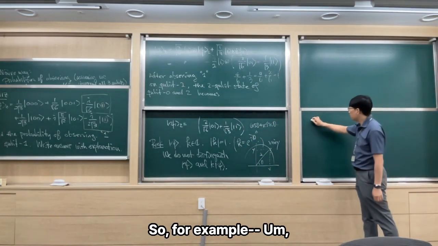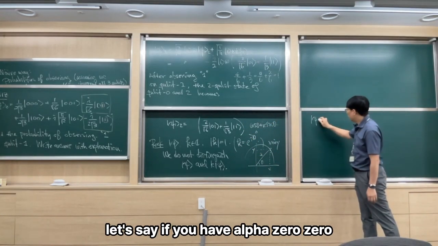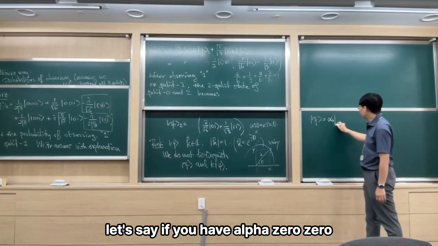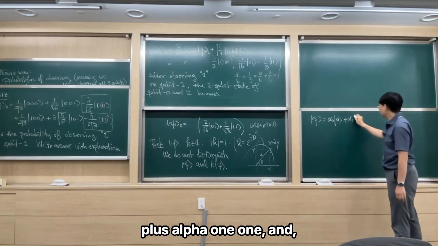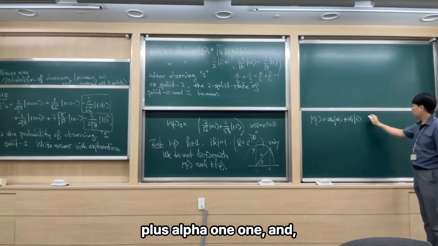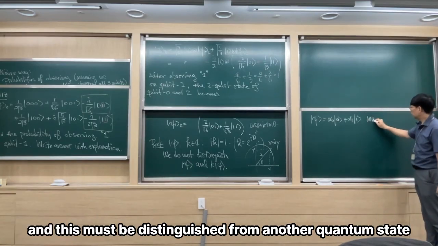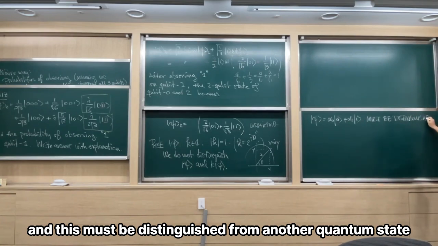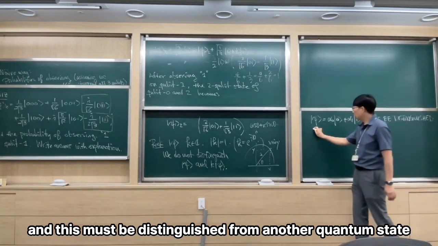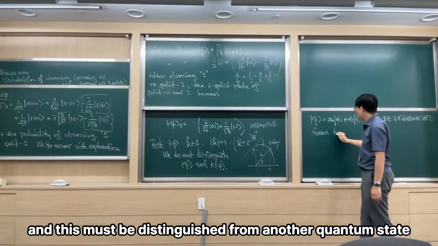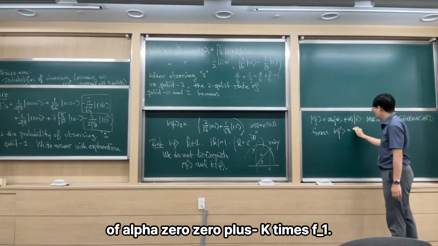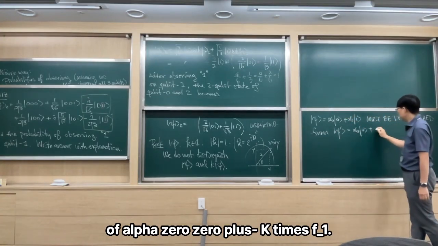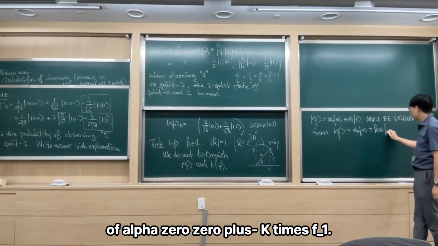So for example, let's say you have alpha 0 |0> plus alpha 1 |1>, and this must be distinguished from another quantum state, where alpha 0 |0> plus k times alpha 1 |1>.